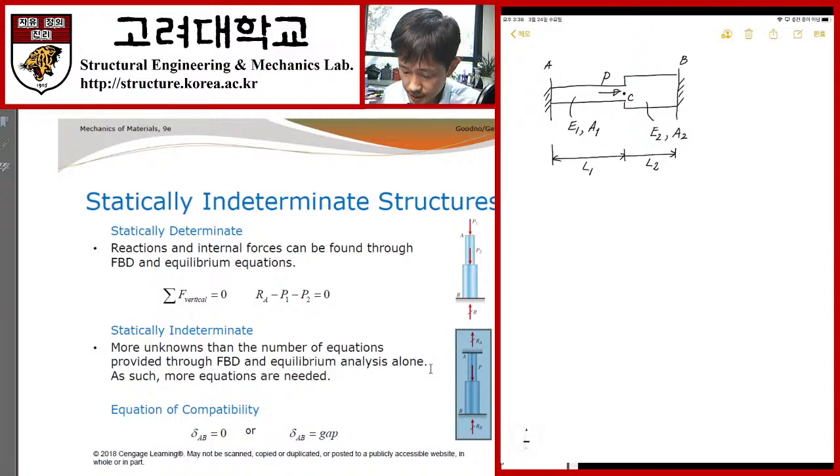Obviously this is a statically indeterminate structure because we can imagine that there are reactions, RA and RB. As I emphasized several times, before any mechanical analysis, the very first step is to define a proper coordinate system.